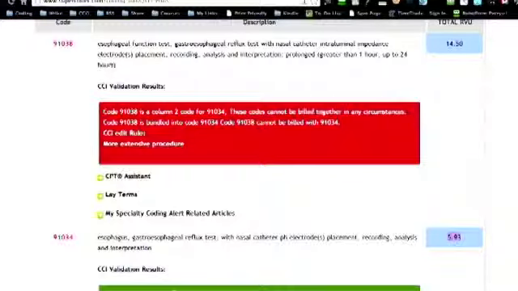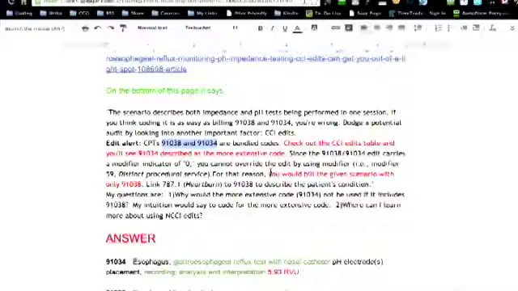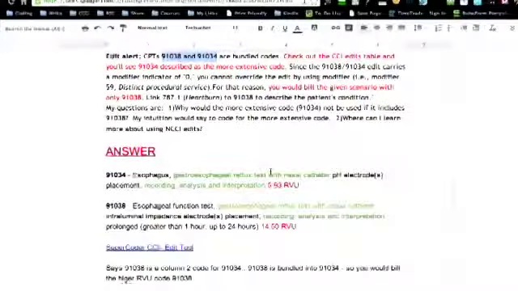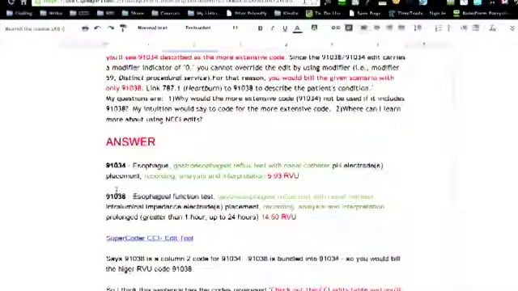So let me go back to the rest of my answer. So this is what she was struggling with. I was comparing the 2 codes here to see visually what they share in common. So in green, I did that. They both say gastroesophageal reflux test with nasal catheter, and they both say recording, analysis, and interpretation.